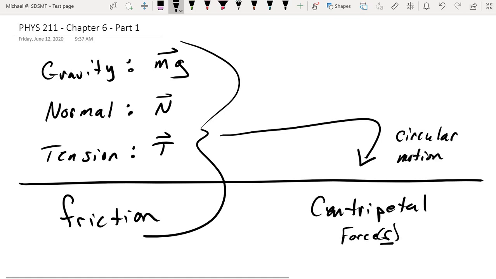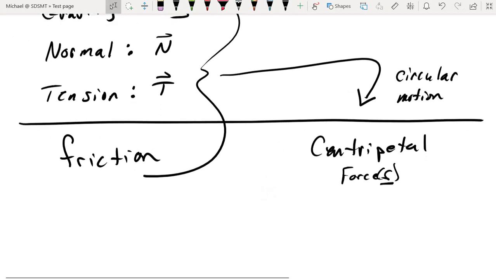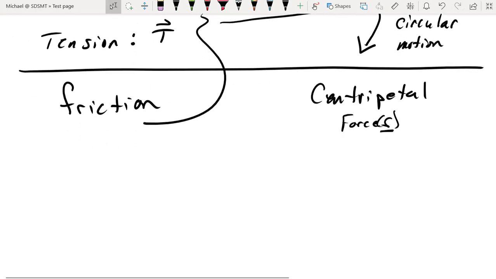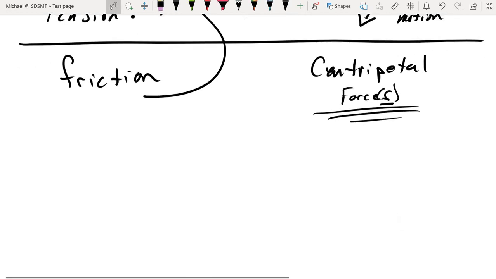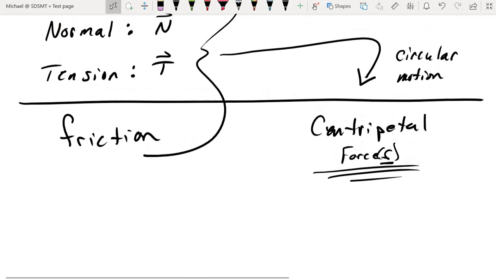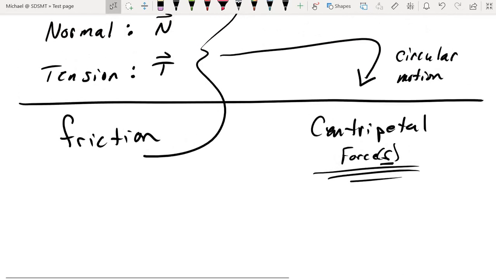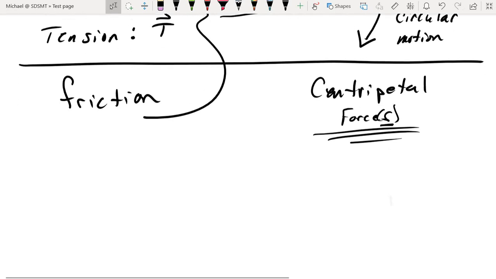So one of these forces points towards the center of a circular path, and that force is what is causing that circular path to be followed by the mass that is at that particular radius. But we're going to wait until we've completed our discussion on friction, because we're going to see how friction can be used as a centripetal force.